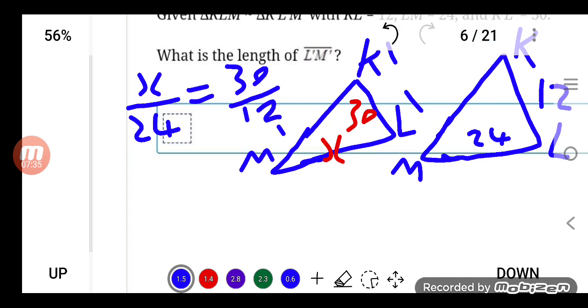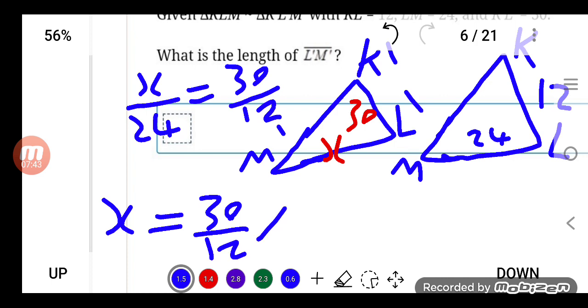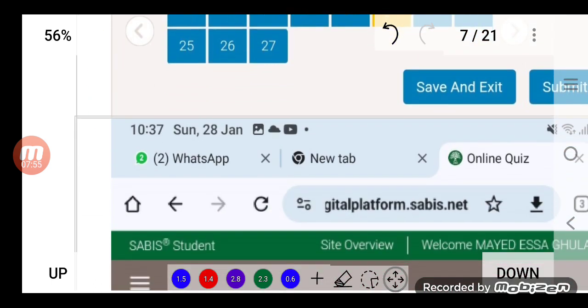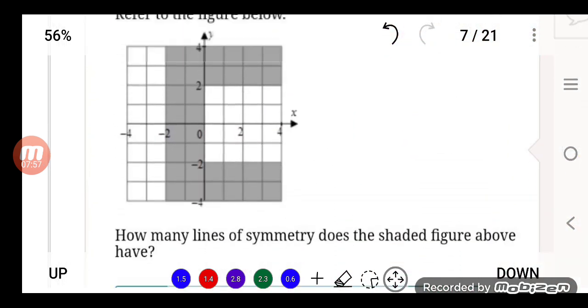So if you multiply both sides of the equation by 24, you get x is equal to 30 over 12 times 24. Cancel 24 and 12. You get 2. 30 times 2, 60. So final answer is 60. Next question.